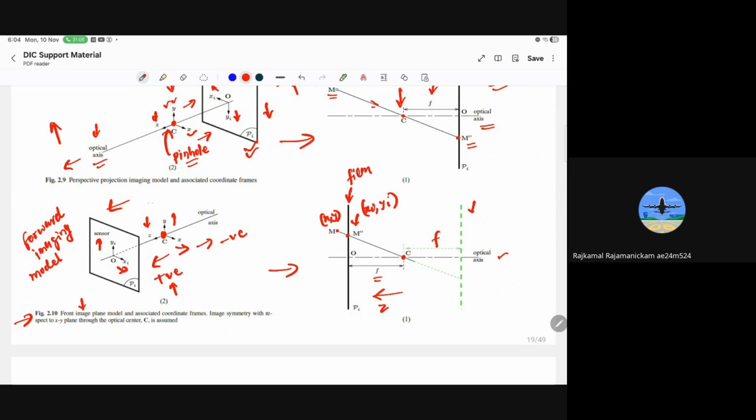Okay, so this is done for simple transformation from the camera to the camera's film.